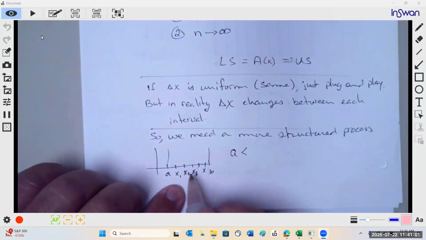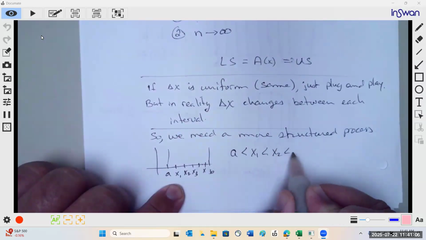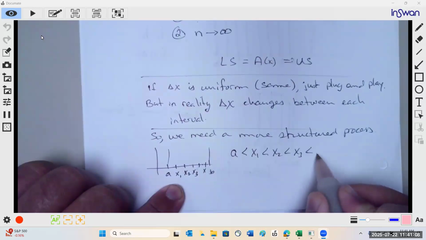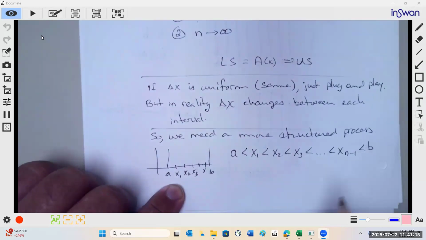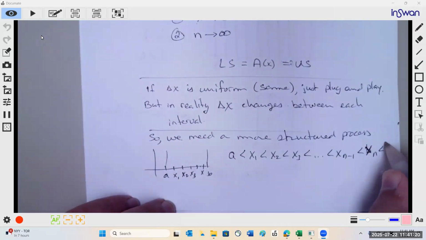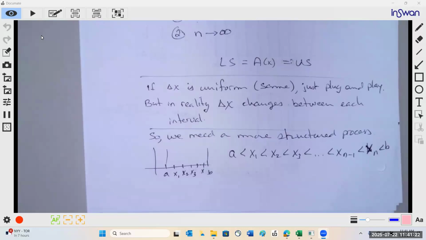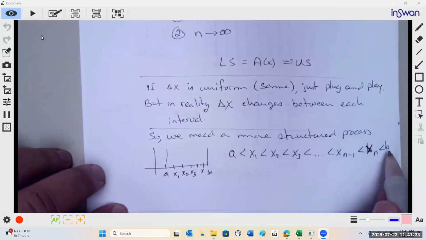Next to that is x sub 1, then x sub 2, and x sub 3, and so on, up to x sub n minus 1, and then that has to be less than b. For uniform consistency, we set our beginning and end points.